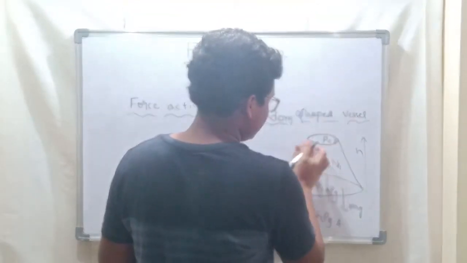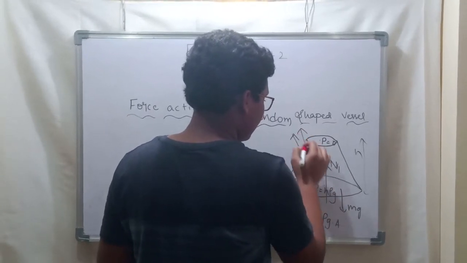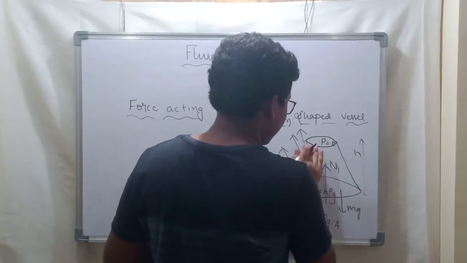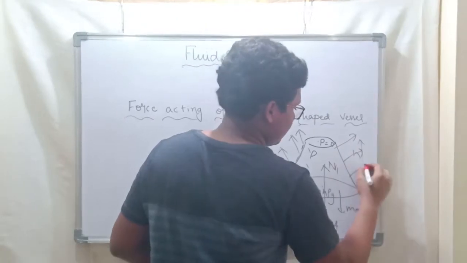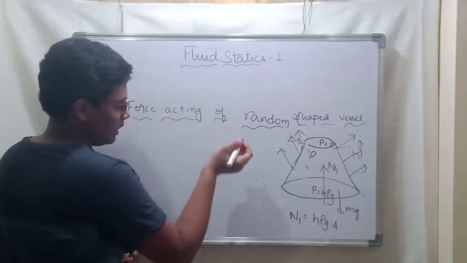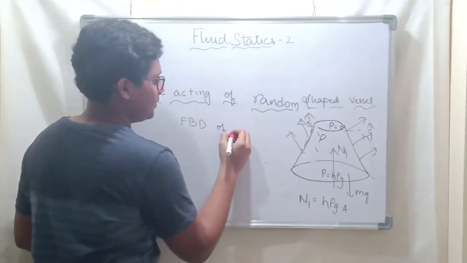So it will act outward. The normal force is acting in this direction. This is theta. Okay, we will draw a free body diagram of the liquid.